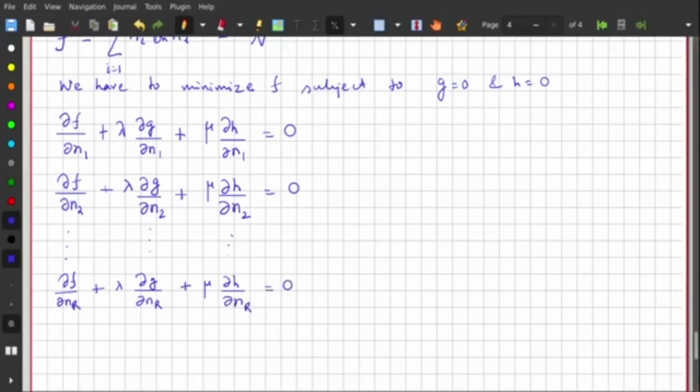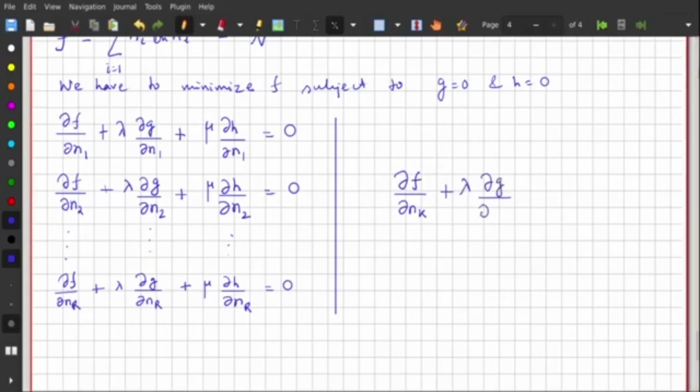If you see, there is a common pattern among all these constraint equations, so we can write a general version of these constraints. We can write this as partial f partial n sub k plus lambda times partial g partial n sub k plus mu times partial h partial n sub k equals 0.